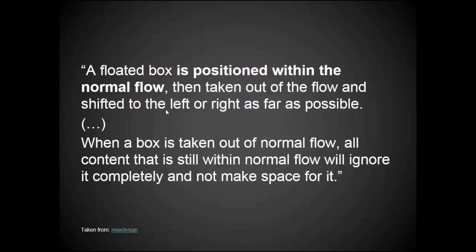So putting it simply, a floated box is positioned within the normal flow, then taken out of the normal flow and shifted to the left or right as far as possible. Okay, and then when a box is taken out of the normal flow, all content that is still within the normal flow will ignore it completely and not make space for it.